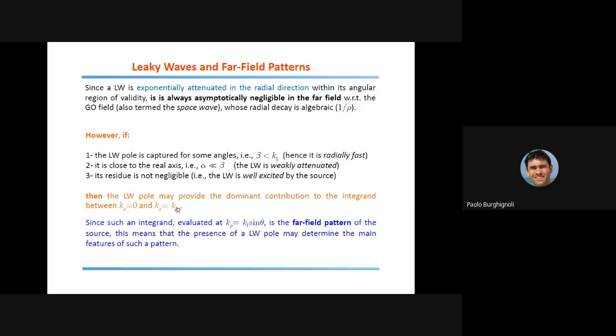Since this portion of the integration domain is what we usually call the visible region, it contributes directly to the shape of the far-field pattern. So it is possible that the presence of a single leaky wave pole may substantially determine the shape of the far-field pattern of your antenna.